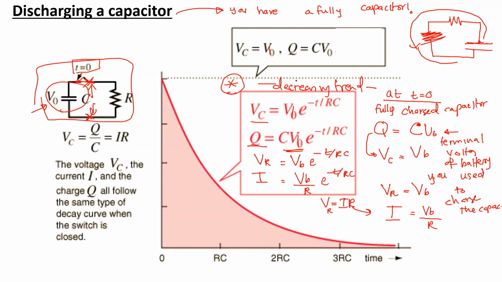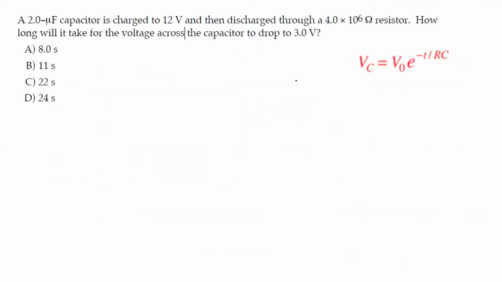Now let's go to the problems under this. We have a capacitor which is 2 microfarads and it is completely charged to 12 volts. So at t equals 0, your VC is 12 volts.